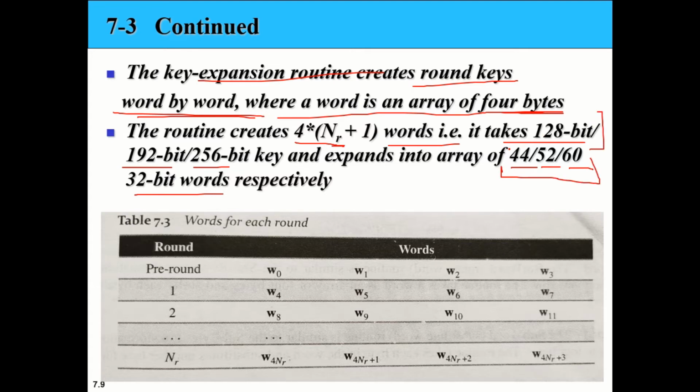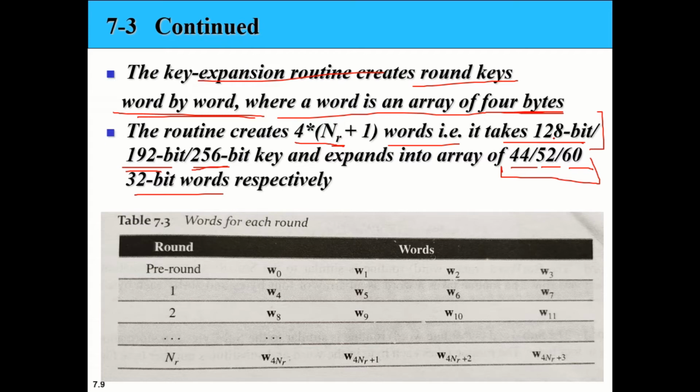Now if you remember, when we use a 128-bit key, the number of rounds we have in AES is 10. For a 192-bit key, we have 12 rounds, and for a 256-bit key, we have 14 rounds.